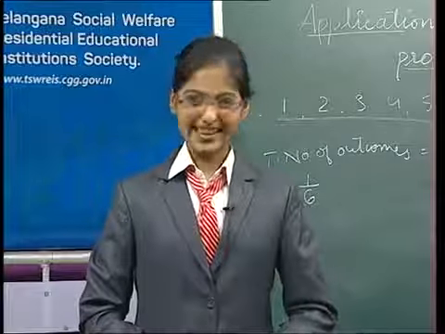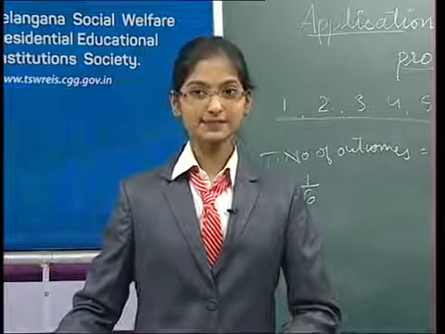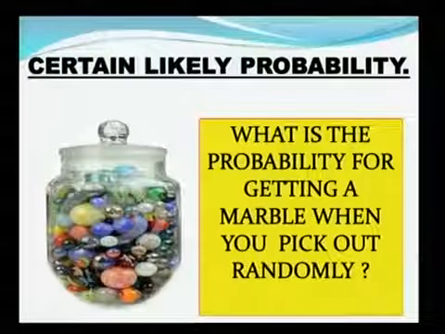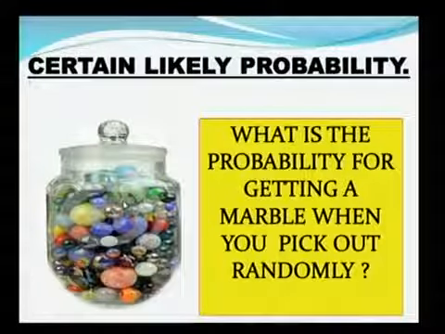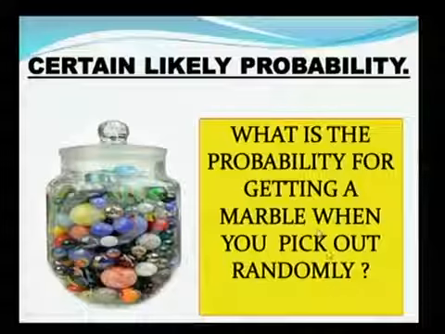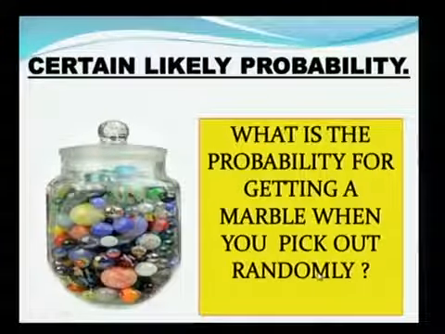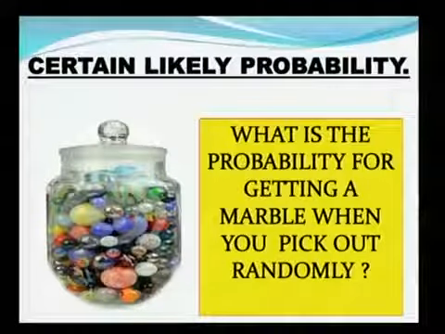See, I will show you another example here. Here is a jar and I have a question. What is the probability of getting a marble when you pick randomly? Yeah, there is a small kid and he wants some marbles.